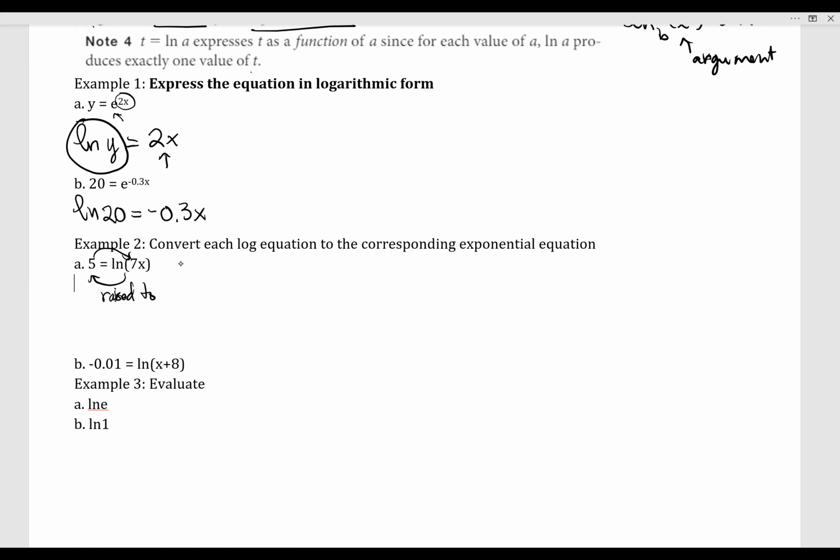So again, I'm going to write it as e to the power 5 equals 7x.